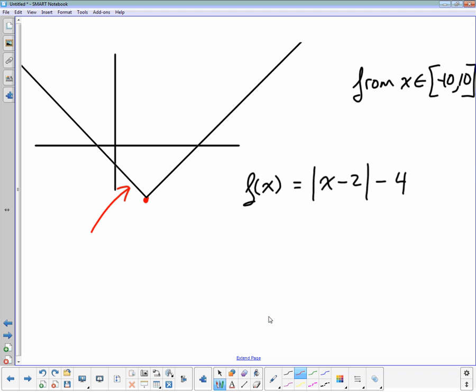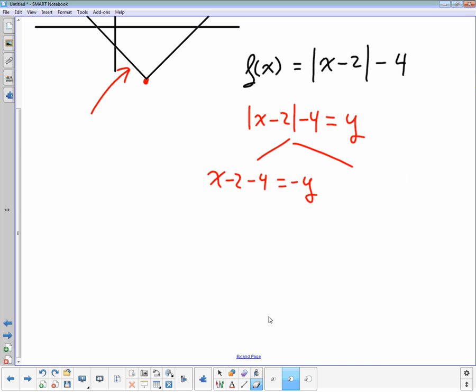We have x minus 2 minus 4 is equal to y. So that splits into x minus 2 minus 4 is equal to negative y.